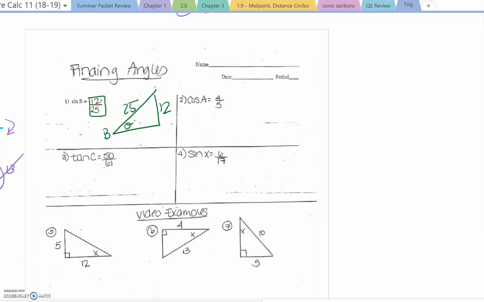And remember, when you're doing the angles, you're going to be using the inverse, which is that little -1. So all you're going to do for this is just put in the calculator sine inverse, so the inverse sine, 12 over 25.